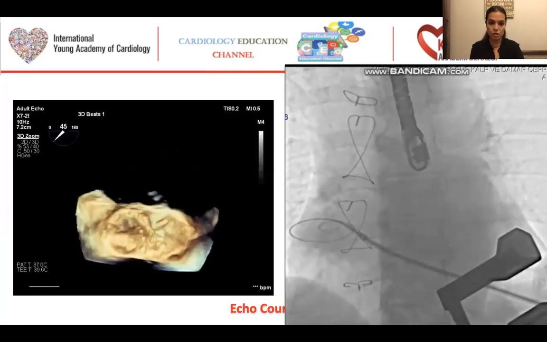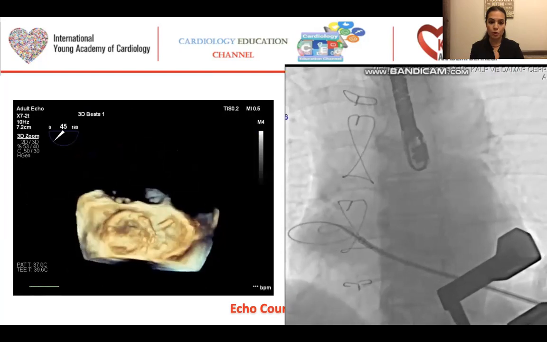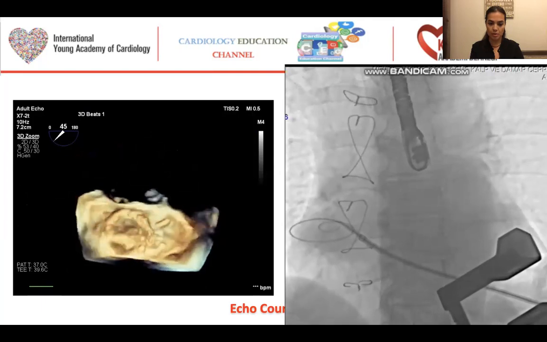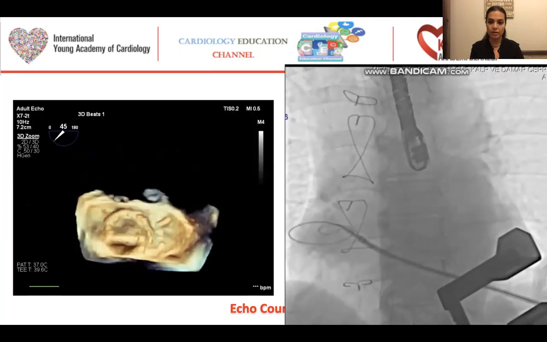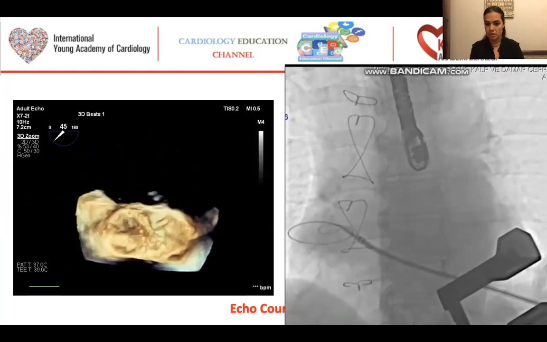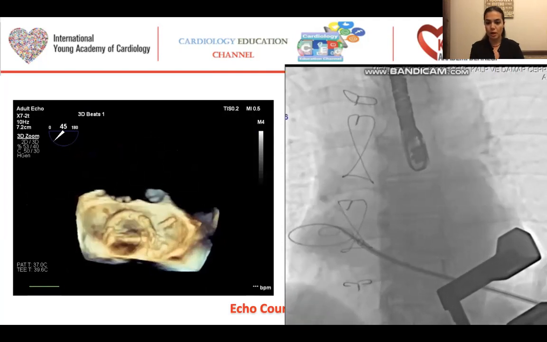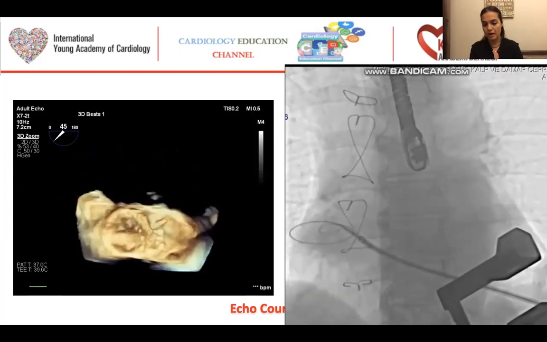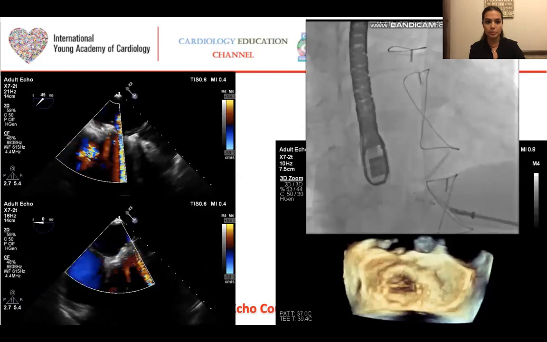During the operation, we can confirm that the wire and the catheter just passed through the true defect. On the fluoroscopy, we can easily see that it passed just near the valves, and the valves are opening and closing very well, so no problem.